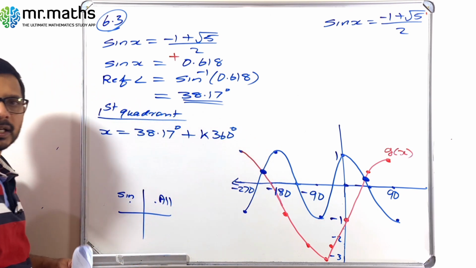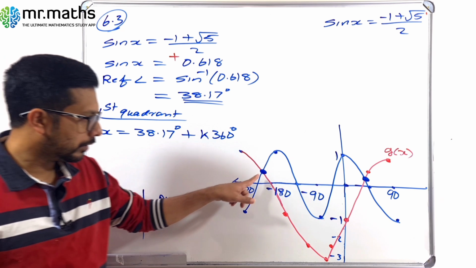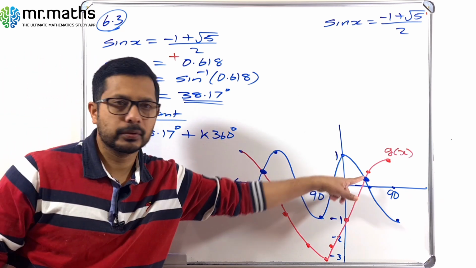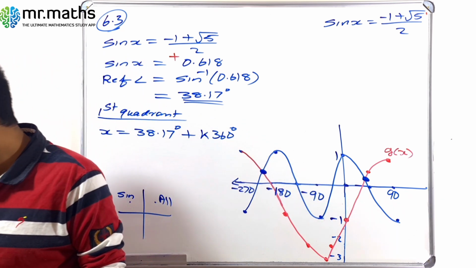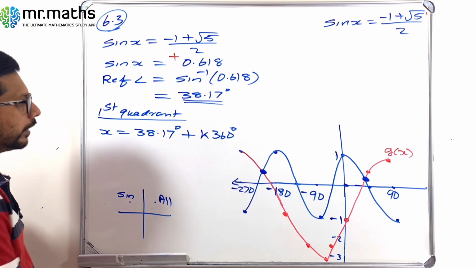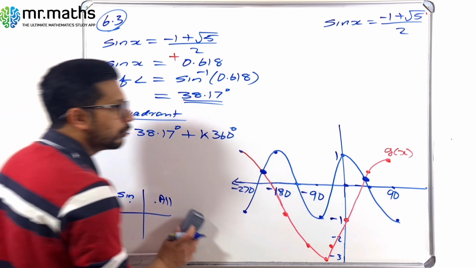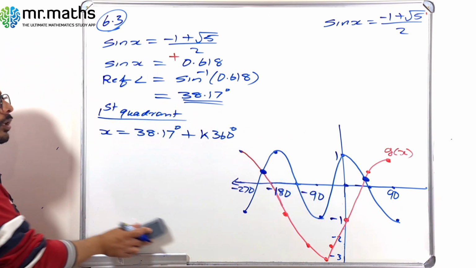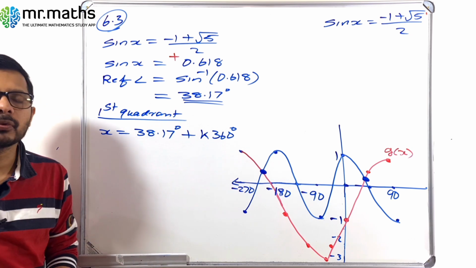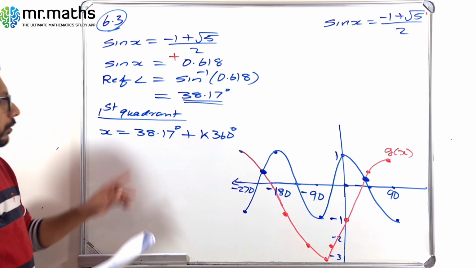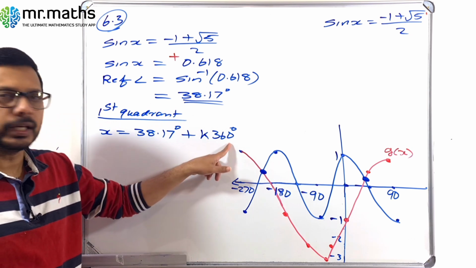I'm trying to write the general solution to find the coordinates of these points. So here I got an expression for the first quadrant, x is equal to 38.17 plus k 360.